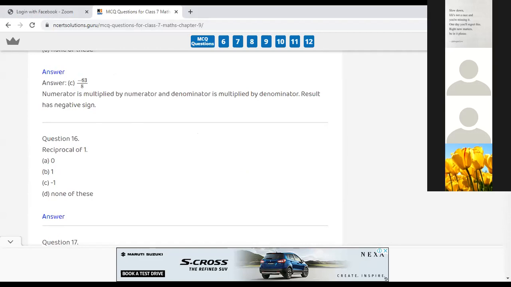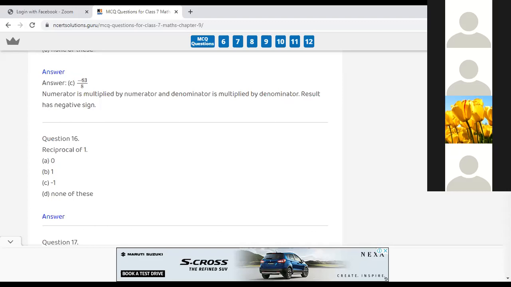Yes, Khushi. Can you tell me the two numbers which are same as their reciprocal? Khushi, I have unmuted you. Can you tell me the two numbers which are same as their reciprocals?